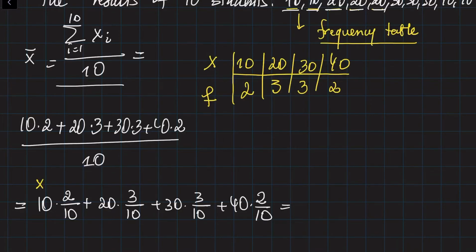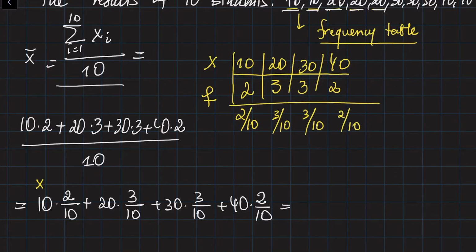Right? And actually, 2 divided by 10, or 3 divided by 10, 3 divided by 10, and 2 divided by 10, actually means the probability, right? So if you remember, by the definition of probability, this is the probability.